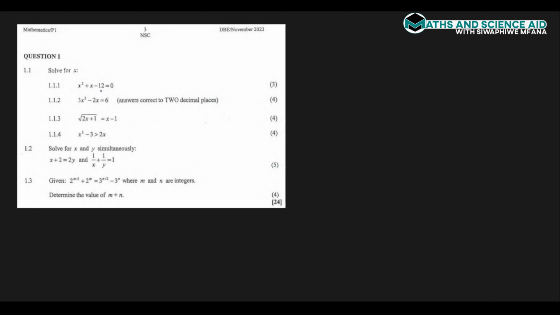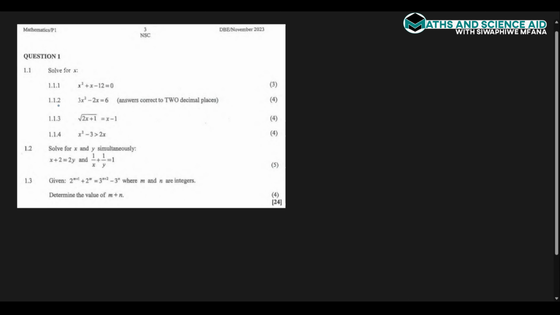Obviously, you can do that by either factorization, or you can also just write down the quadratic formula, substitute in the values of a, b, and c, and just punch all that into your calculator and get the answer. So this is very straightforward.